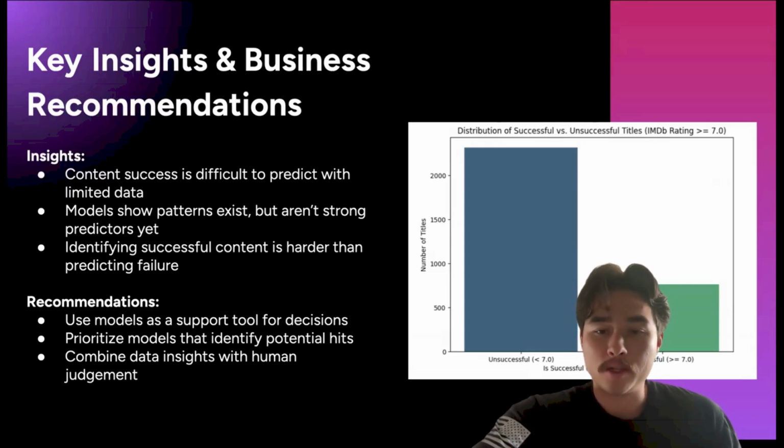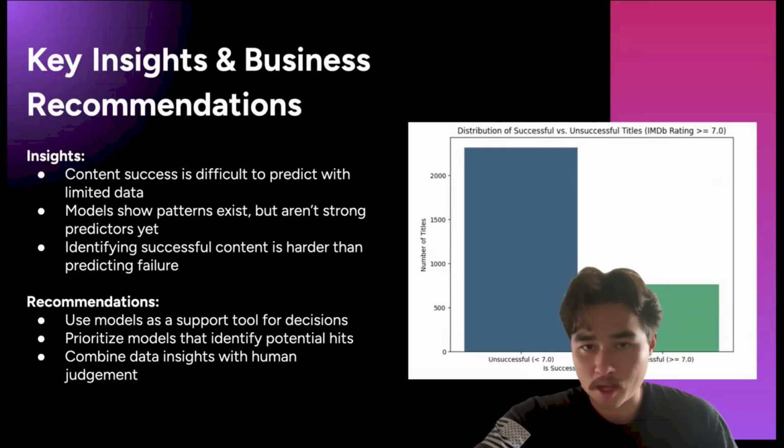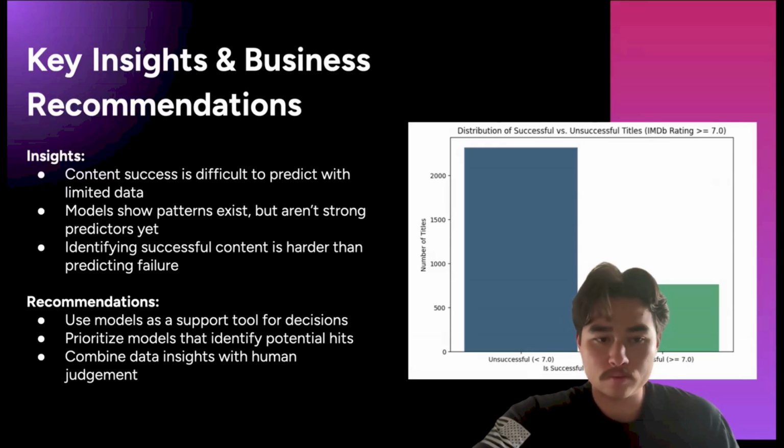This is because hit content depends on many factors that are harder to measure. Based on this, our recommendation is to use these models as decision support tools rather than decision makers. Netflix should prioritize models that help identify possible hit titles, but those insights should be combined with human judgment, market knowledge, and creative evaluation before making any final investment decisions, and not just off the models alone.